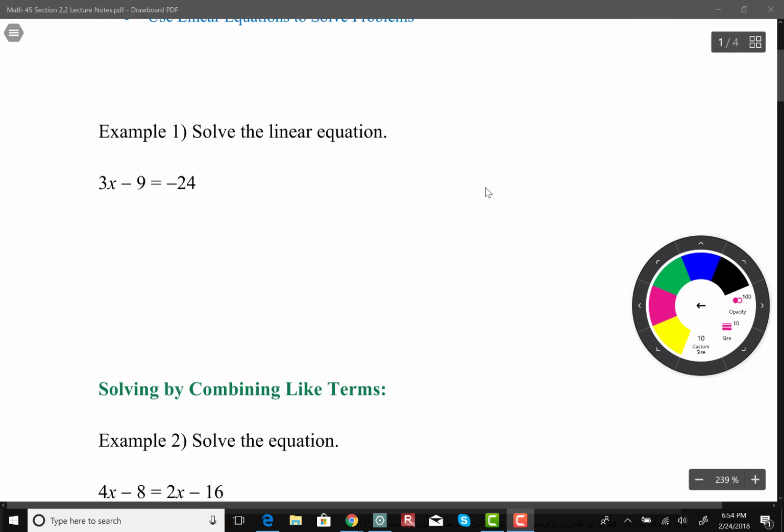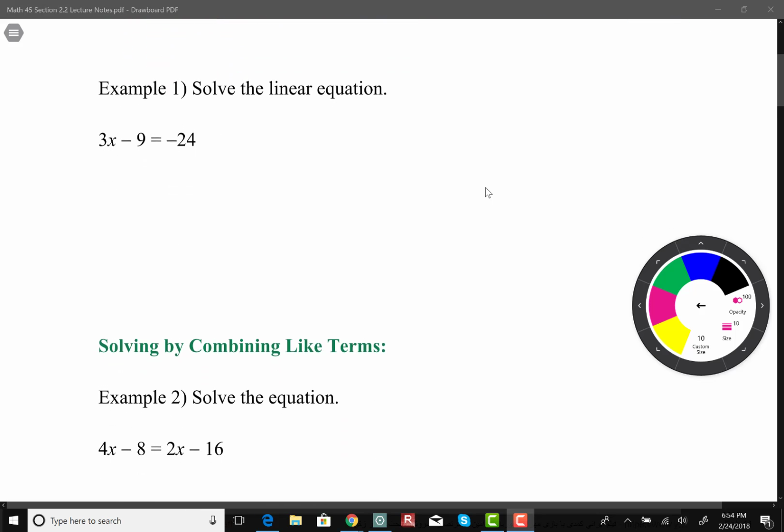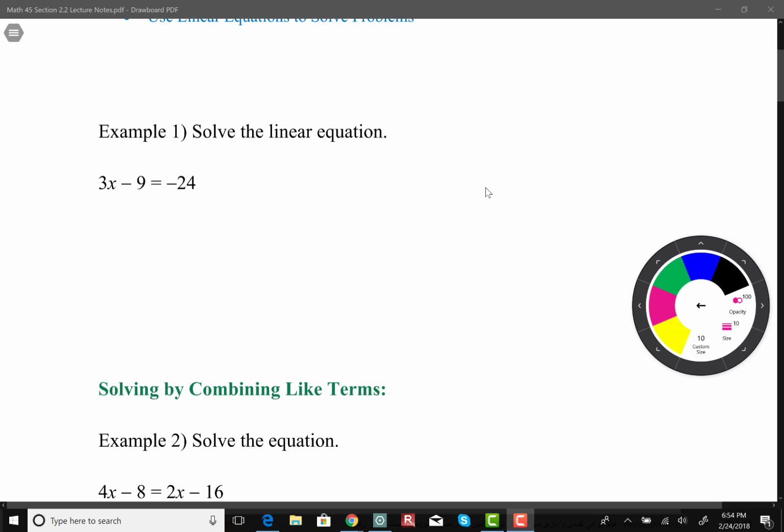So if you look at this example, we have 3x minus 9 equals negative 24. We're going to use the addition property first. So I'm going to rewrite the problem.